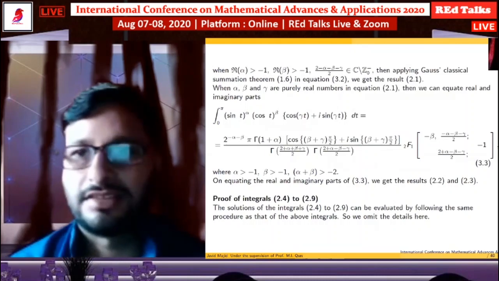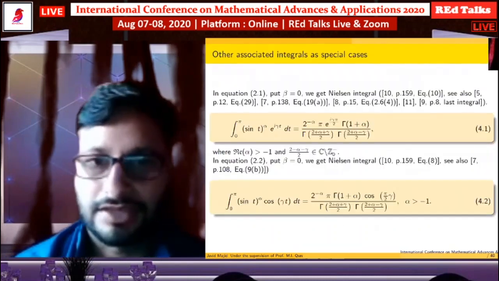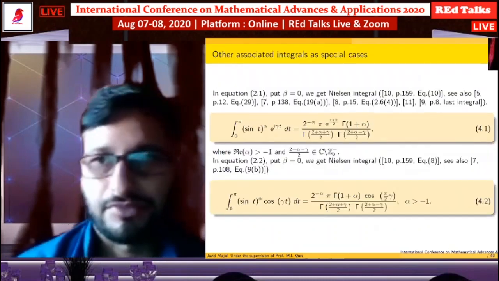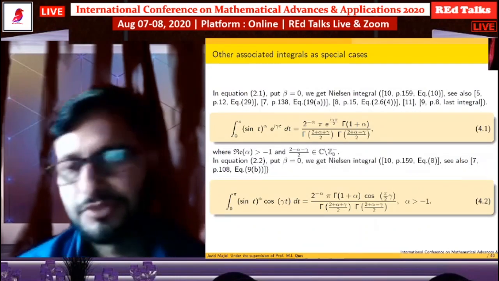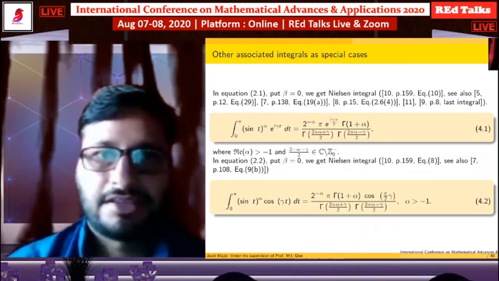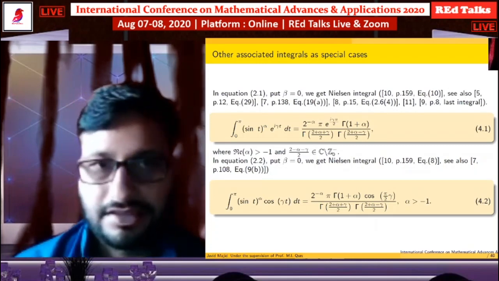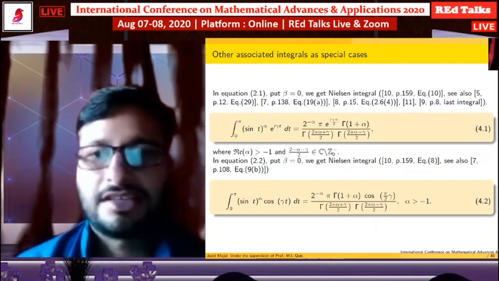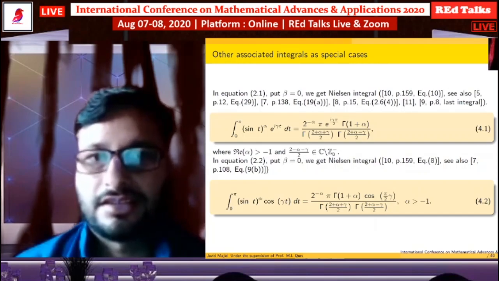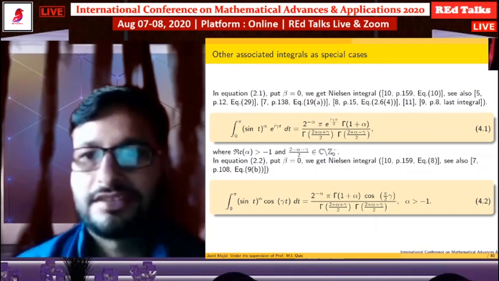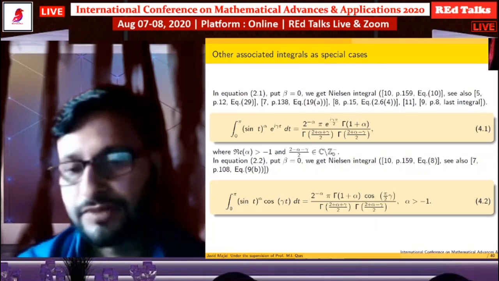Similarly, we can prove the other results from 2.4 to 2.9 by following the same procedure, so we omit the details here, and we have obtained other integrals as special cases of the above integrals. If we take beta equal to 0 in equation 2.1, we get the integral known as the Nielsen integral 4.1.